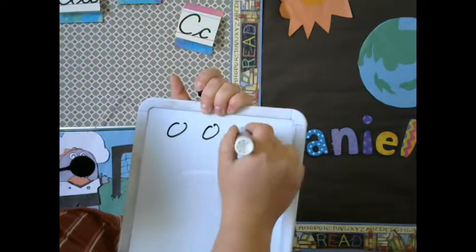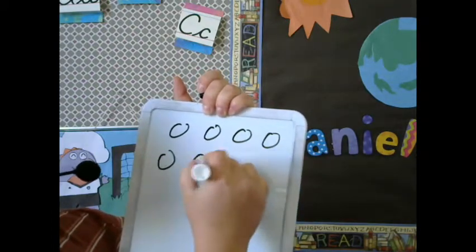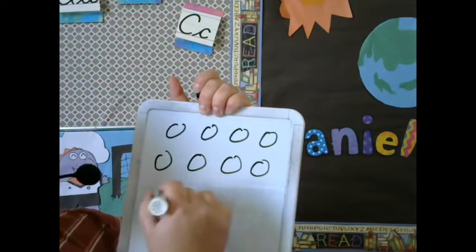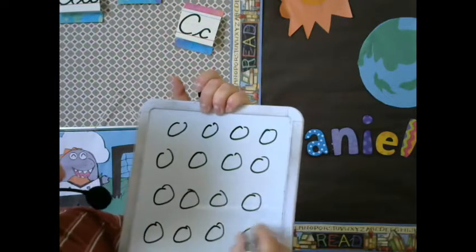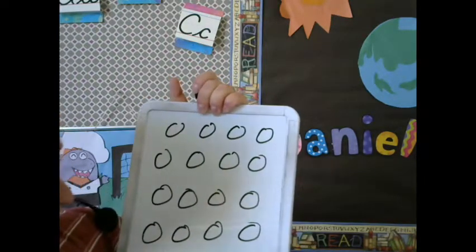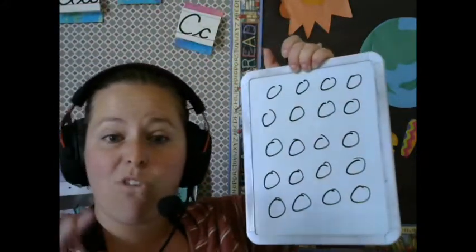1, 2, 3, up to 20, right? Okay, now I've got 40 donuts.